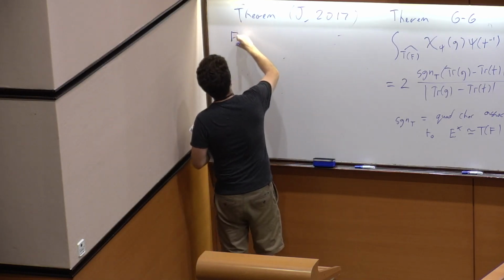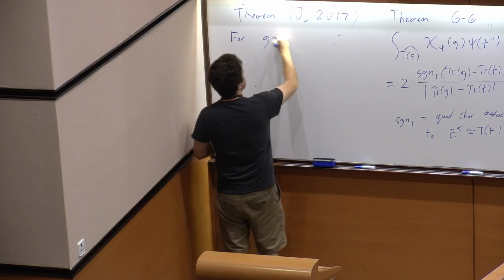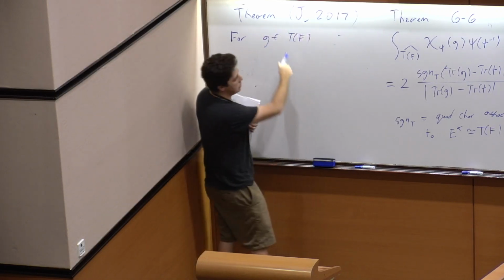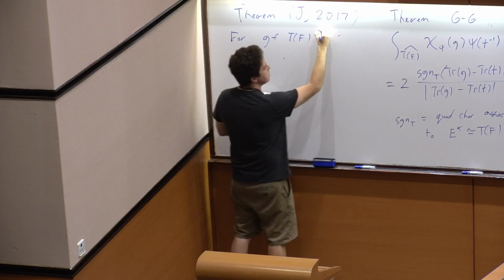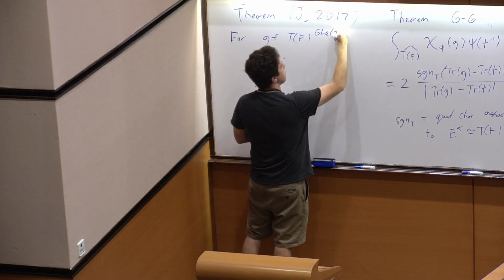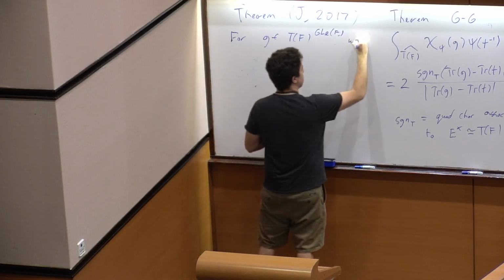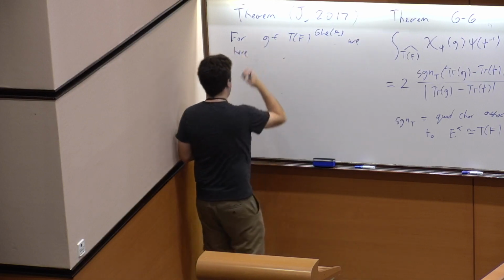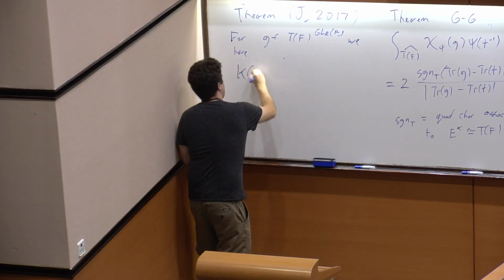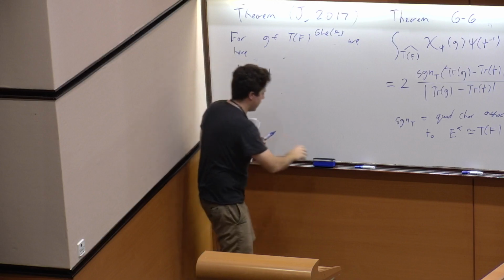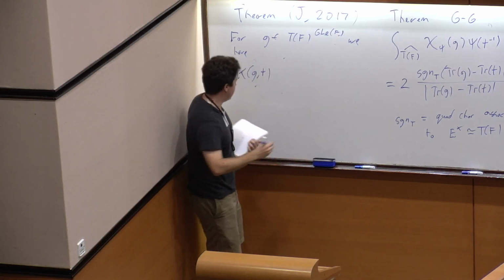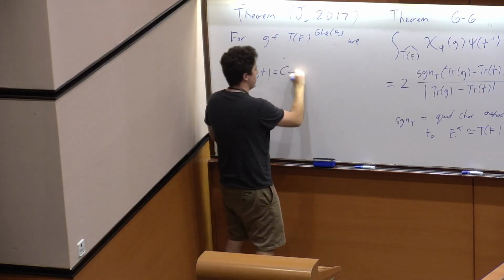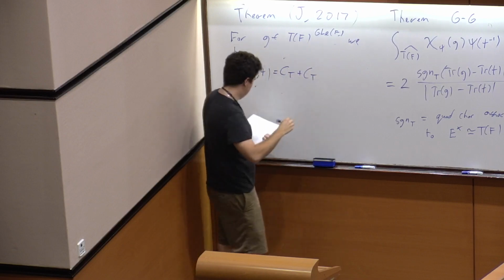So for G stably conjugate to an element in the torus, we have, well, this guy is no longer a smooth function, but is genuinely a distribution. It's equal to the following formula.